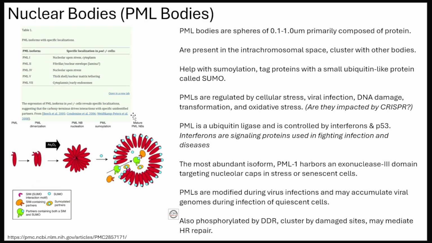There are also PML bodies, and these are also in the interchromosomal space and cluster with other bodies, but they help with SUMOylation and tag other proteins. But really they are thought to be storage molecules for having a whole cascade of proteins ready to go.